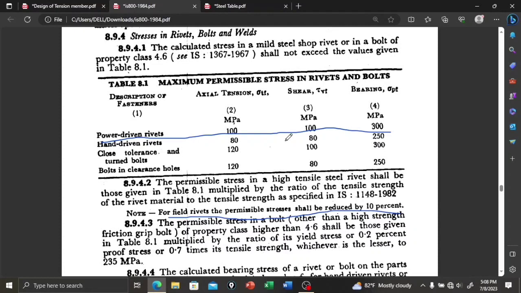That means in shear it is 100, and 10% of 100 is 10. So we have to reduce 10%. So 100 minus 10 is 90, and here it is 300, and 10% of 300 is 30.